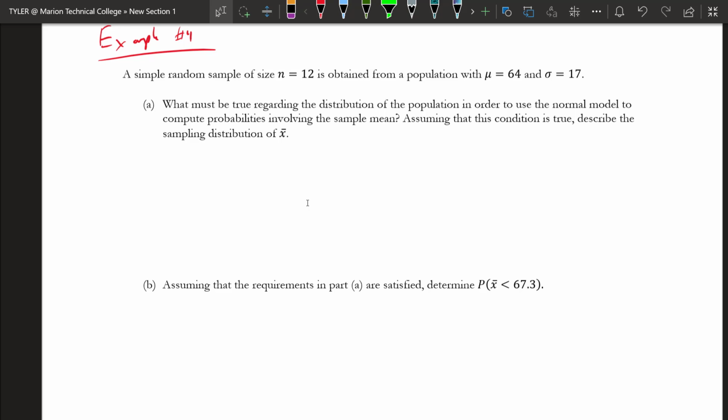Right? So if we pay attention to what n is equal to, 12, which is less than 30, right? So that tells me that the population must be normally distributed. Right?